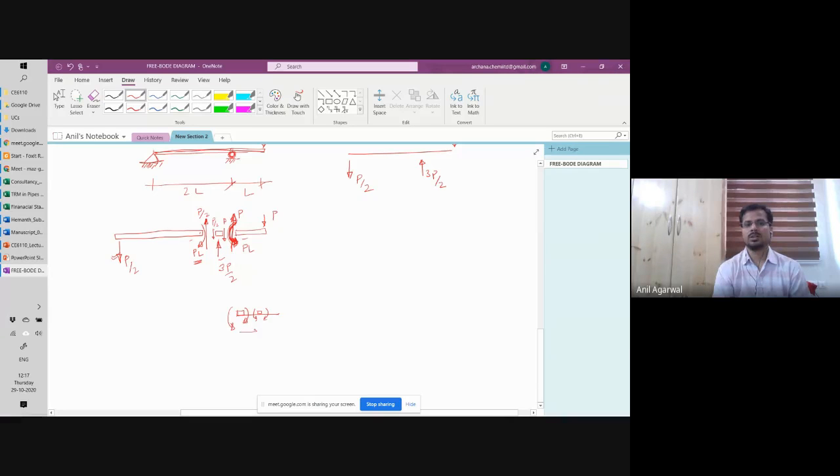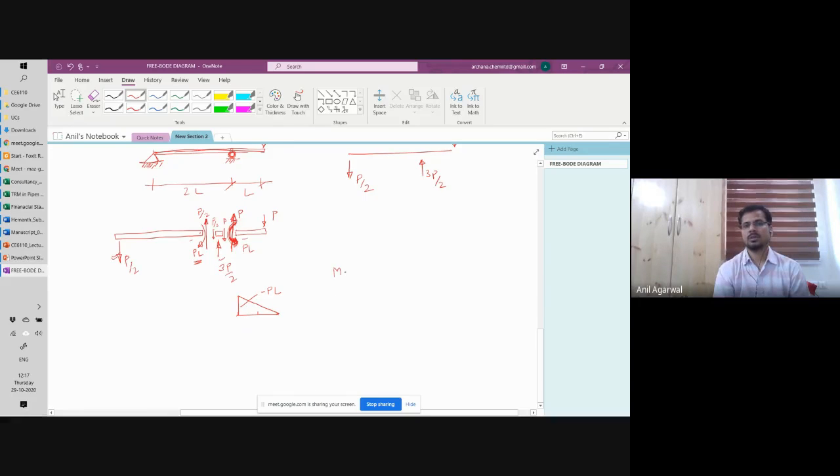And as you move along in this direction, the moment keeps reducing linearly. You can derive the expression for that with respect to x. So you've got PL here, and this is a sagging moment. My sign convention is that sagging moment is negative. So I'll show it as minus PL, but I draw it on the top side.